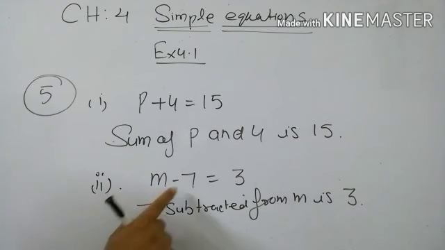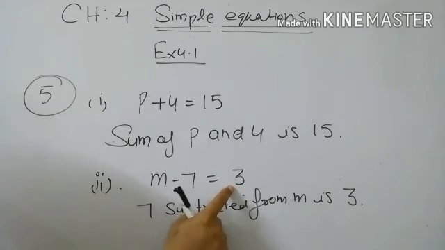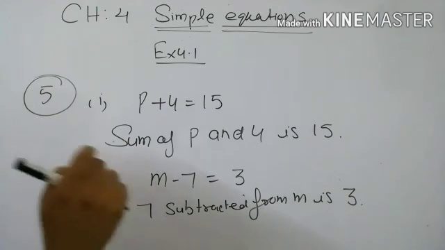So 7 is subtracted from m and gives 3. So it is the answer, the statement for this equation.